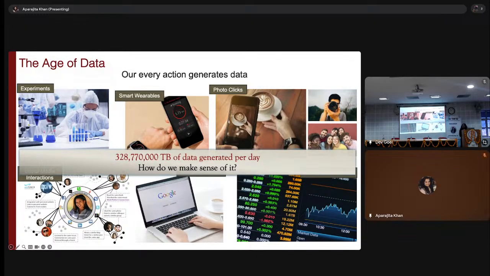We are generating such a huge volume of data and diverse amount of heterogeneity in the data every day. But the question is, how do we make sense of the data? So it's not possible to make sense of this, maybe 3.28 billion TBs of data every day. So how can we automate understanding the patterns in the data sets?